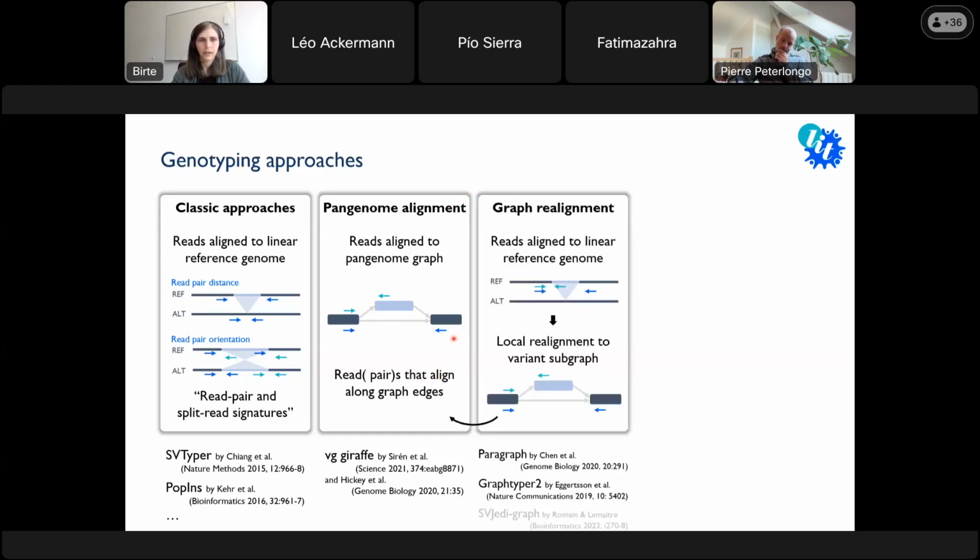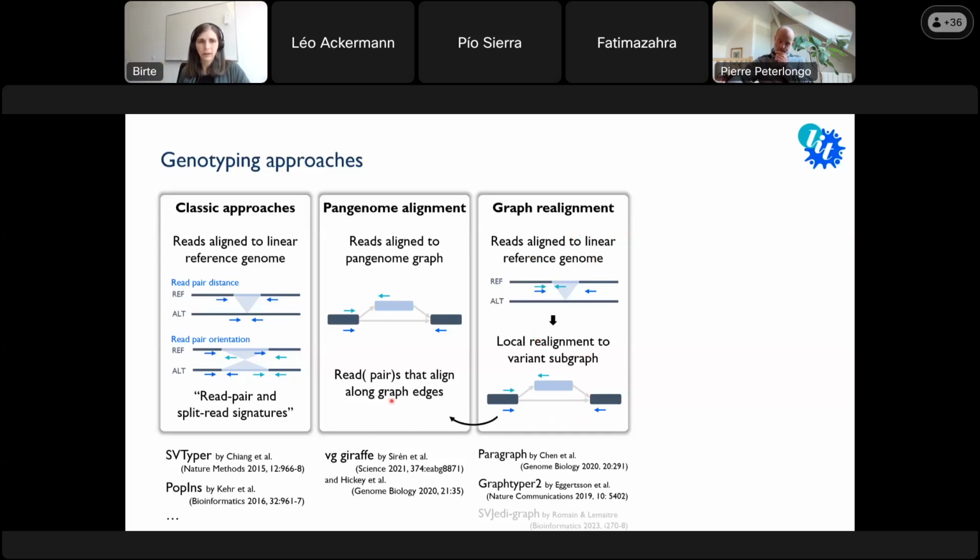A combination of these two things is the graph realignment approach, where you use reads aligned to a linear reference genome at first, but you extract the reads from a locus where you want to genotype a variant, and then you create the graph of this variant, just a local subgraph, and align your reads to the subgraph, and then use a similar approach as in the pangenome graph alignment approaches.